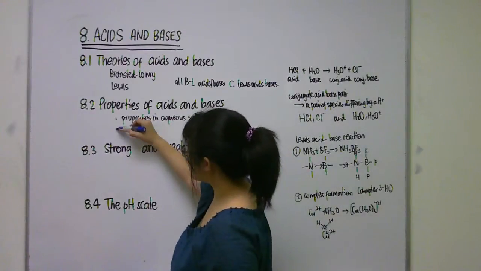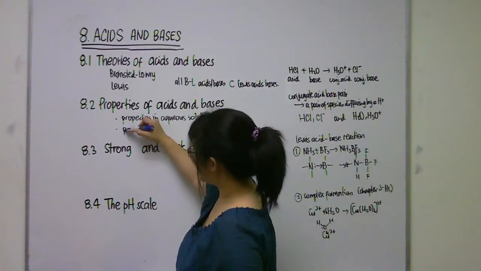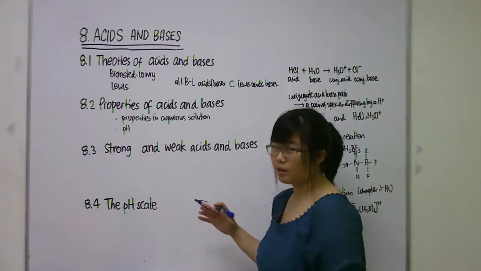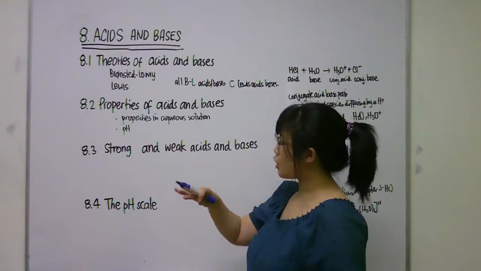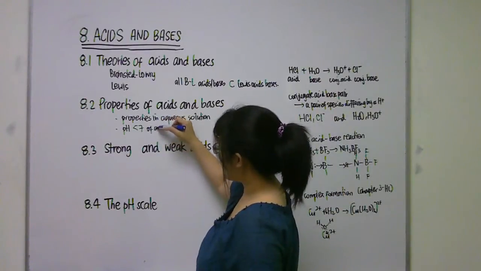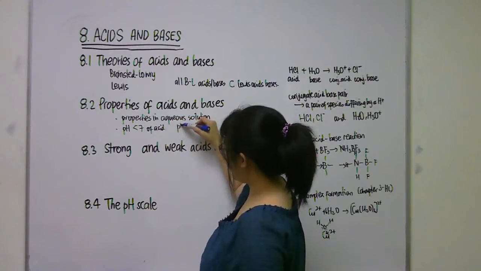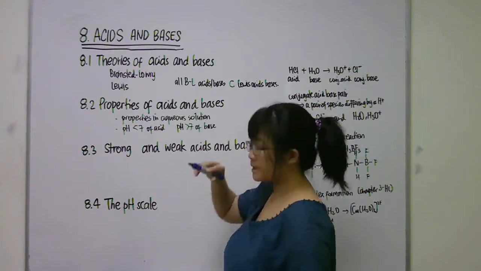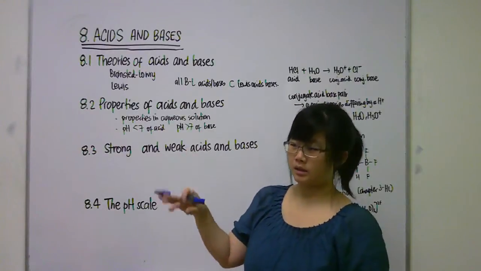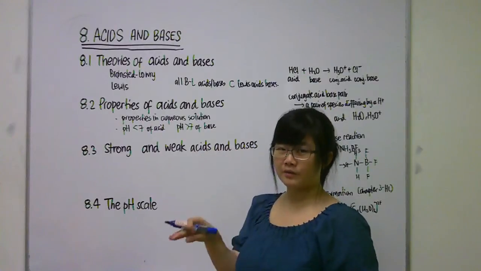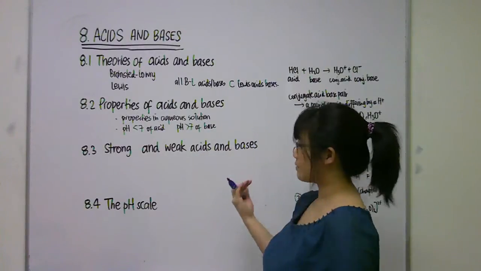And you also need to explain about the pH. For example, this one is only for SL. So we can see that the pH of an acid is less than 7 and for a base is greater than 7. But later we will learn in the HL part that 7 is only for 25 degrees Celsius. Okay, so for SL this is sufficient.